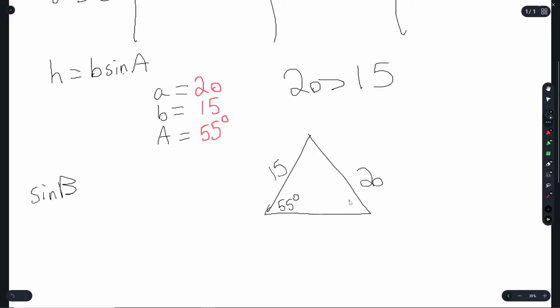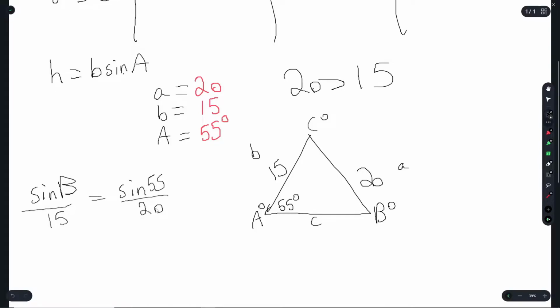So this should be B, and this should be C. This is A, this is small a, and this is small b. So sine capital B, which is the angle, which is unknown, over the side, which is 15, equals sine of angle A, which is 55, over its side, which is 20.